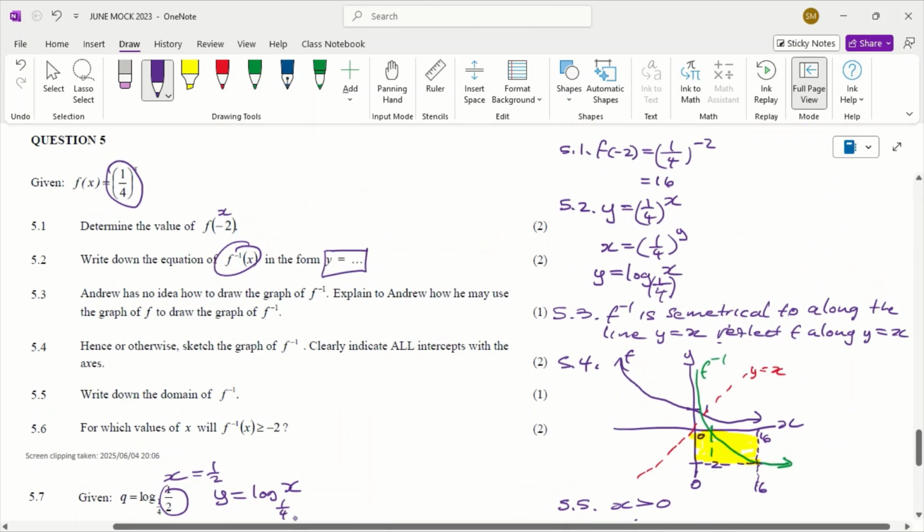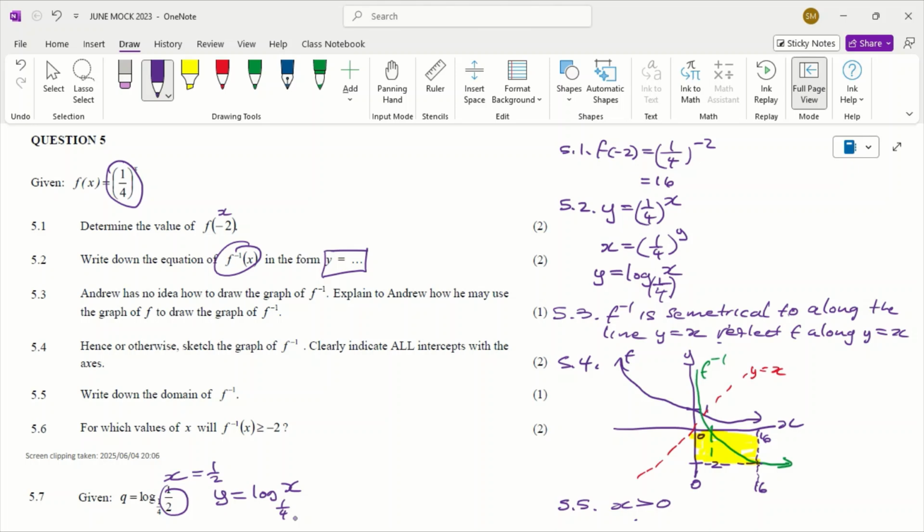You get a mark for swapping x and y, and then also a mark for converting to logs, or your final answer. Then for stating that the inverse function is the reflection of the exponential function along the line y is equal to x, we get 1 mark here. And then for the sketch of the function, we get a mark for the x-intercept and the shape, so that is 2 marks.